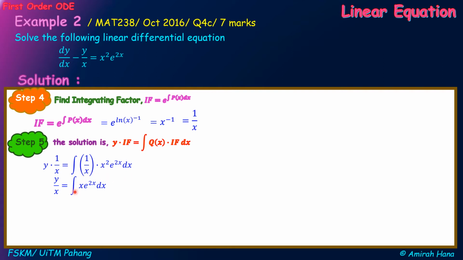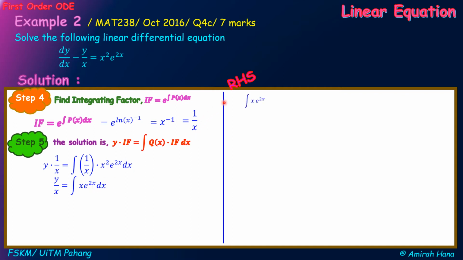So we have the integration of x e the power of 2x dx. From the right hand side, we need to integrate. We don't need to integrate the left hand side because there is no integration sign here, so we just integrate the function on the right hand side.